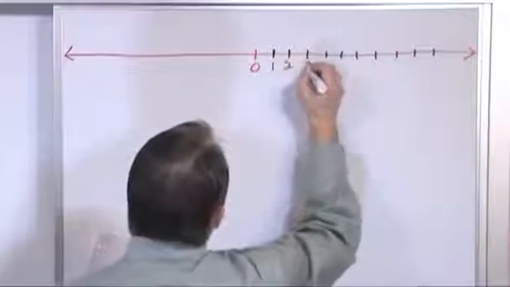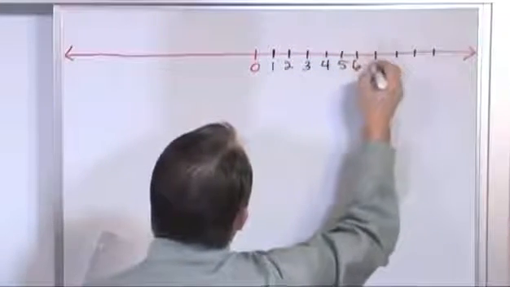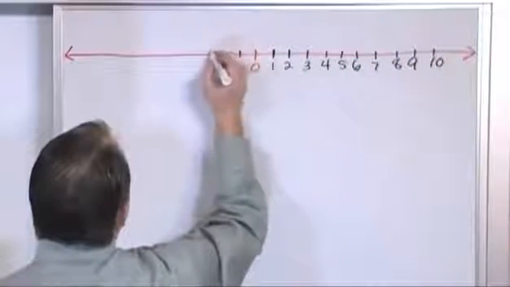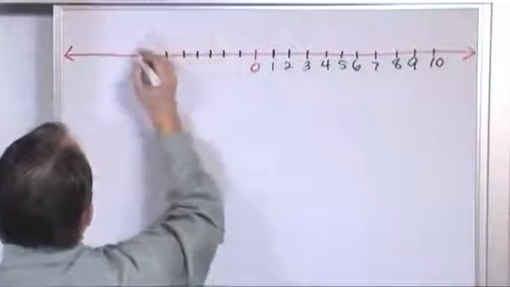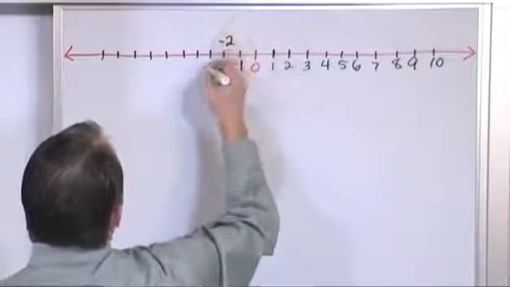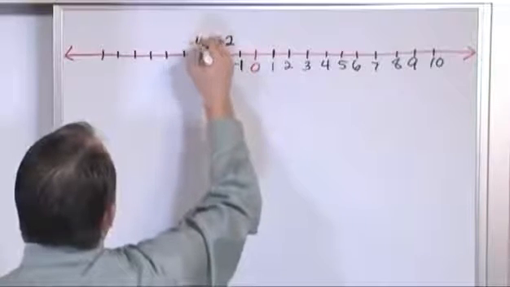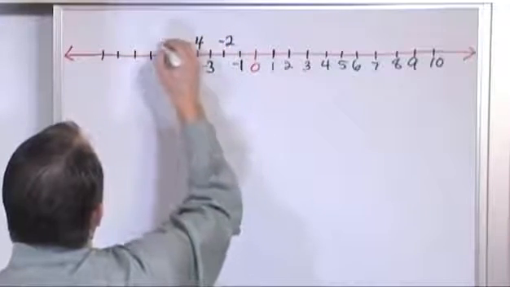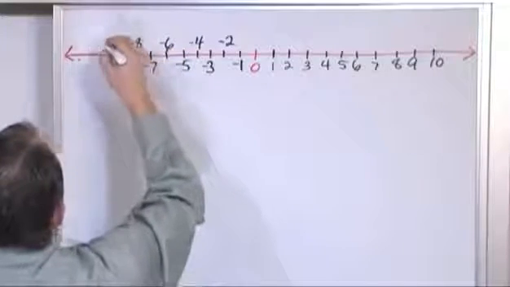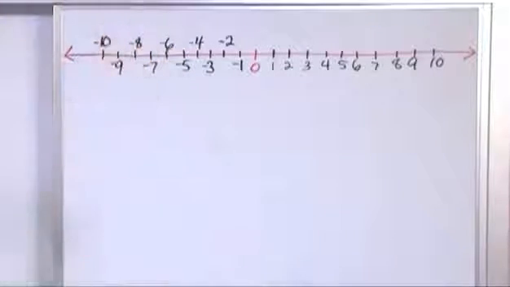Here we have negative 1, 2, 3, 4, 5, 6, 7, negative 8, negative 9, negative 10. I'm going to do the same thing on top and on bottom, just to keep it clear. Negative 4, negative 5, negative 6, negative 7, negative 8, negative 9, negative 10. Like that. So that's just a reference, really, for the problems that are coming below.